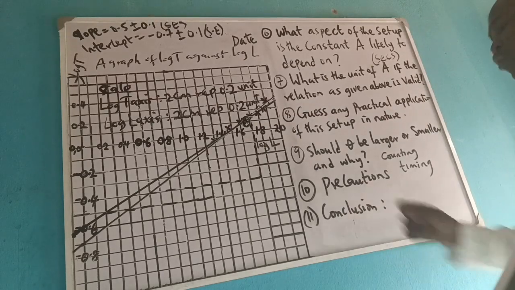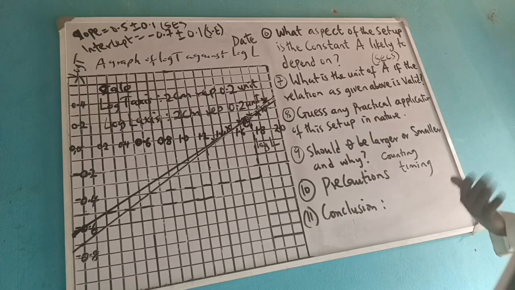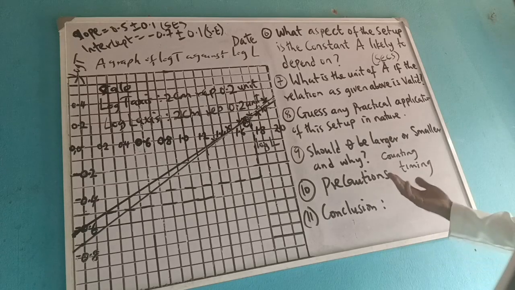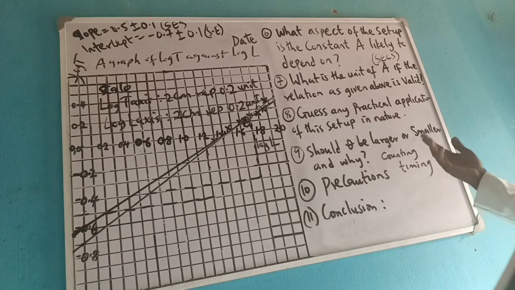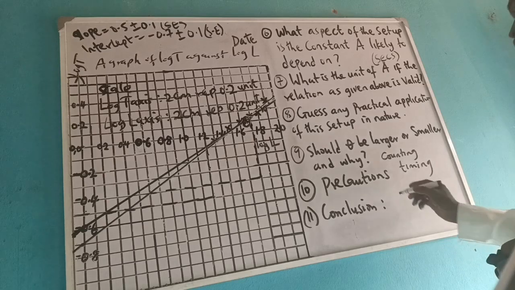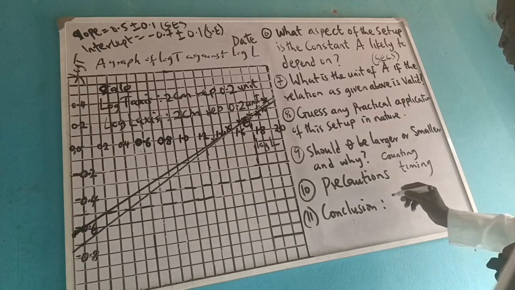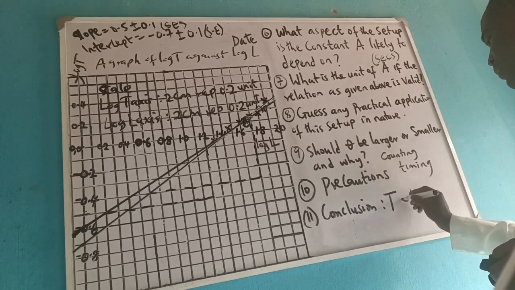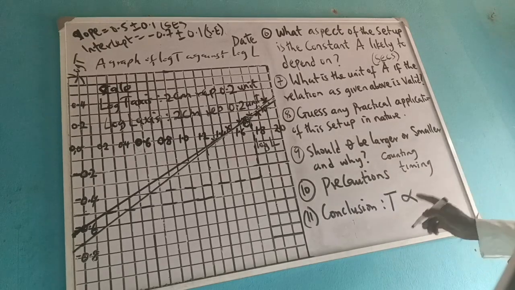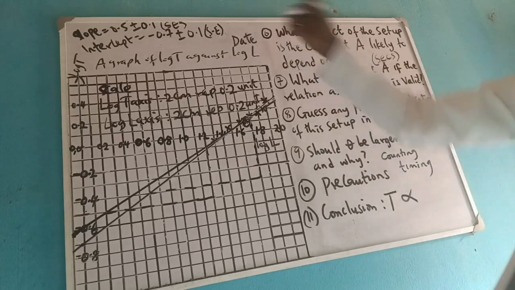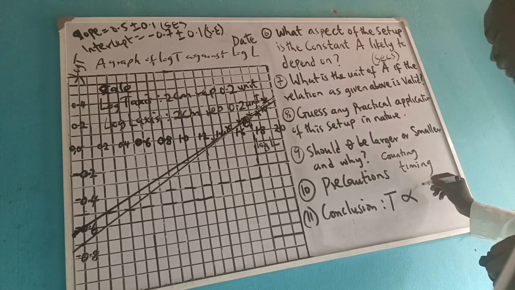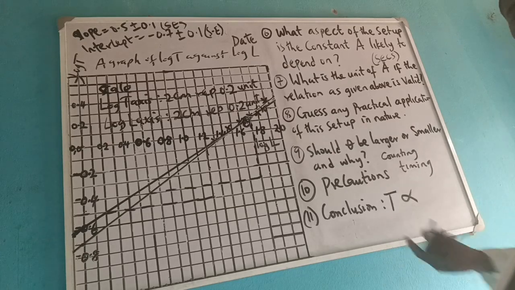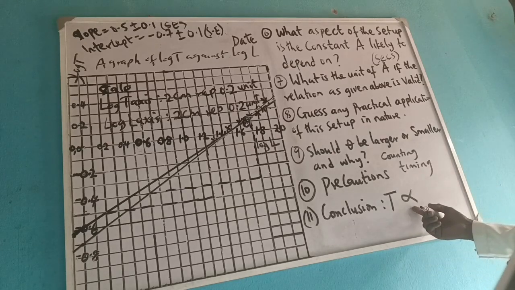Then conclusion, what are you trying to conclude? You are trying to check the relationship between time and the length and other parameters. You try to tell them that in this experiment, the periodic time, because the slope is positive, is directly proportional to L. Are you getting it? How is it directly proportional to L?